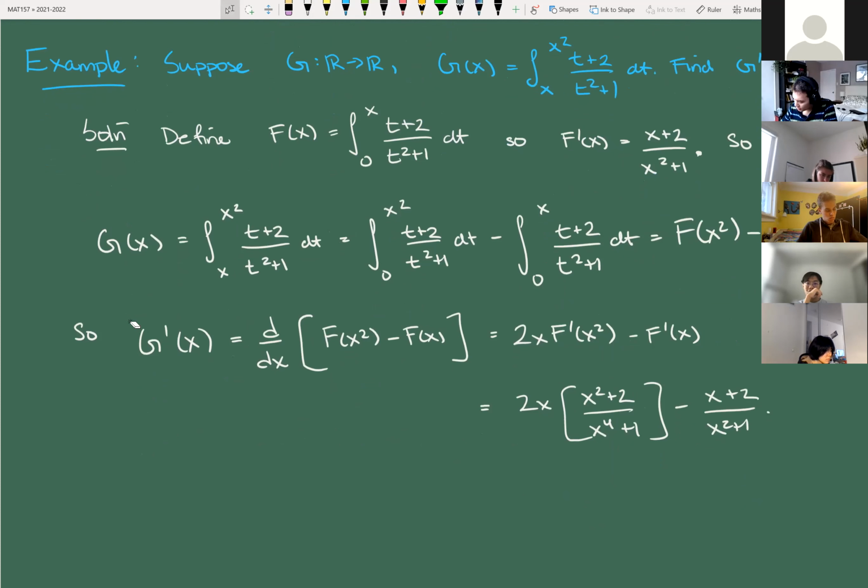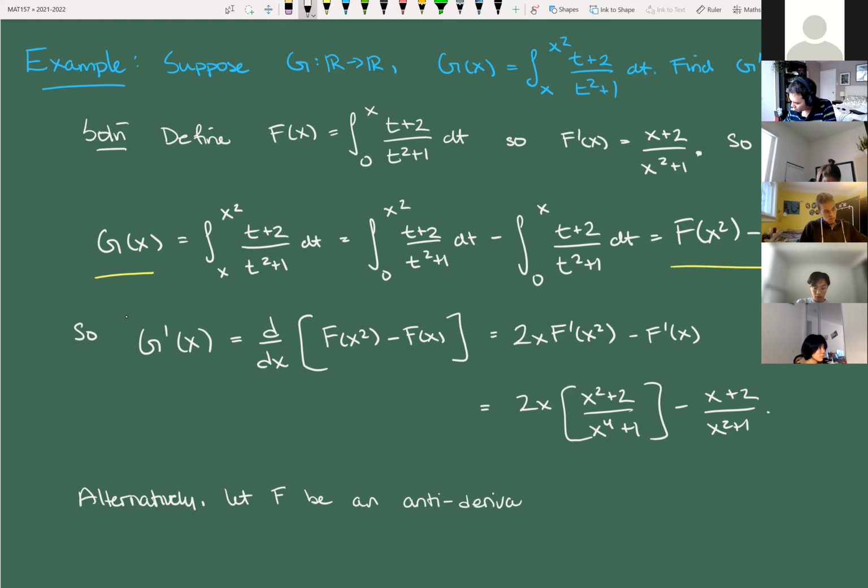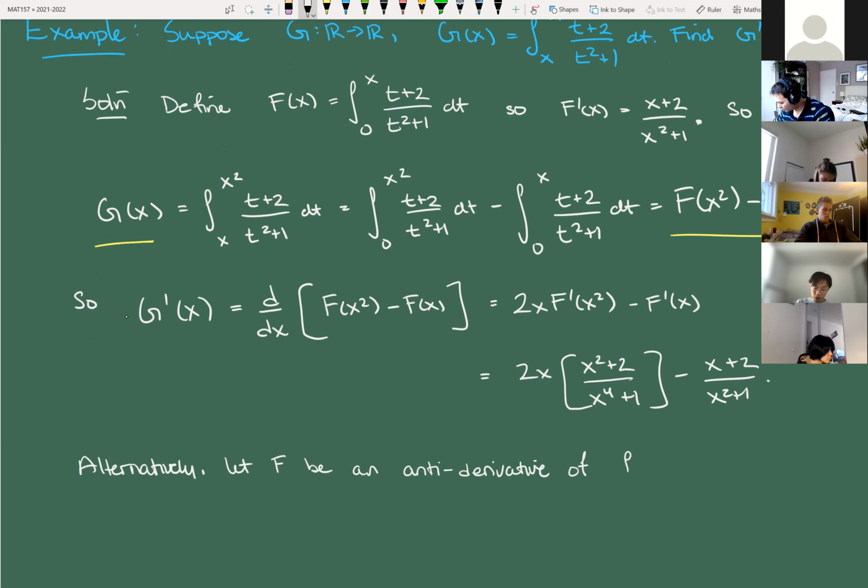Alternatively, what you can see here is a hint of how to use FTC2 to help us out. If you look at the underlying yellow stuff, so alternatively, let F be an antiderivative of, let's say, little f of x equals (x plus 2) over (x squared plus 1).